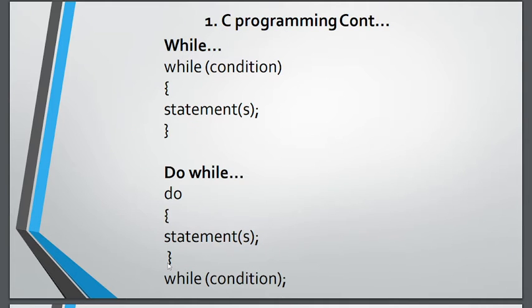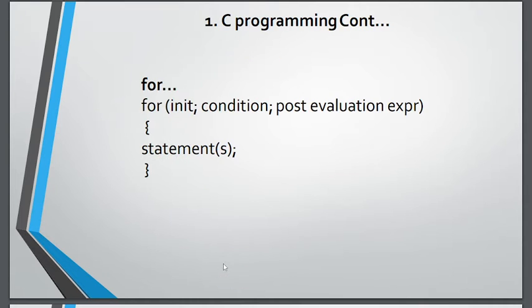Let's talk about while. Now here we have while a condition is true, a statement is executed several times. Now what about do while? In do, we execute a statement while a condition is true. Let's talk about for.